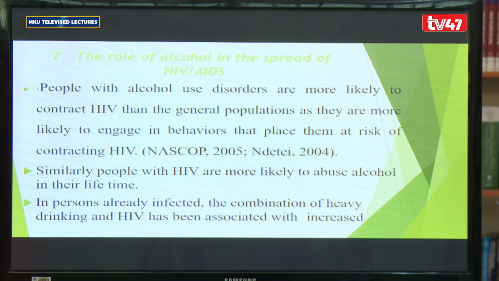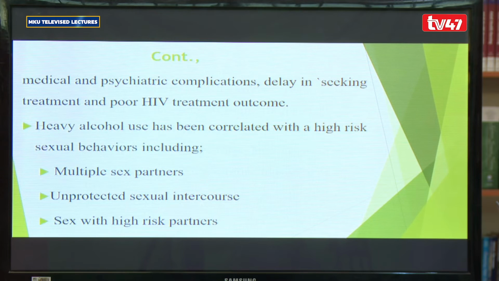People with alcohol use disorder are more likely to contract HIV than the general population, as they are more likely to engage in behavior that places them at risk of contracting HIV. Similarly, people with HIV are more likely to abuse alcohol in their lifetime. In persons already infected, the combination of heavy drinking and HIV has been associated with increased medical and psychiatric complications, delays in seeking treatment, and poor HIV treatment outcomes.